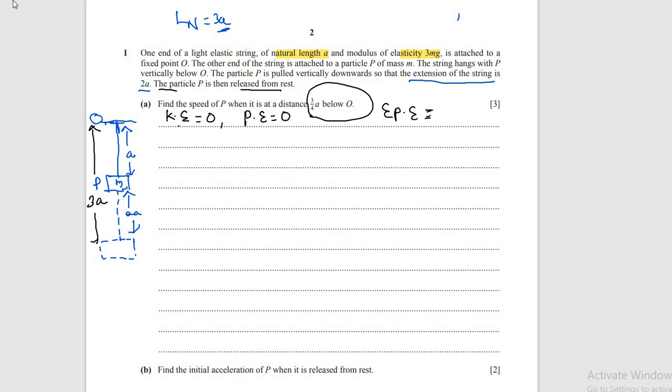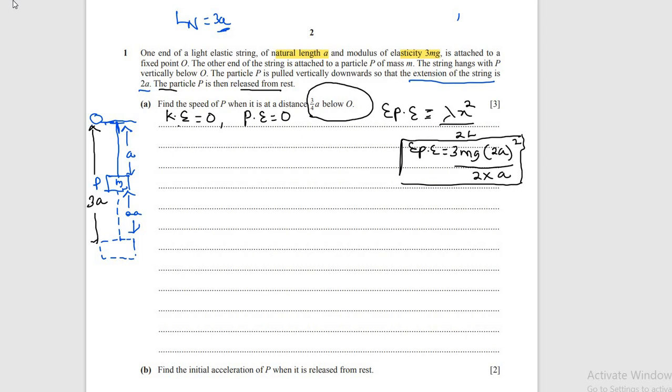The formula for elastic potential energy is lambda x squared over 2L, where lambda is the modulus of elasticity, 3mg, X is the extension, 2A, all squared, all over 2L, where L is the original length.